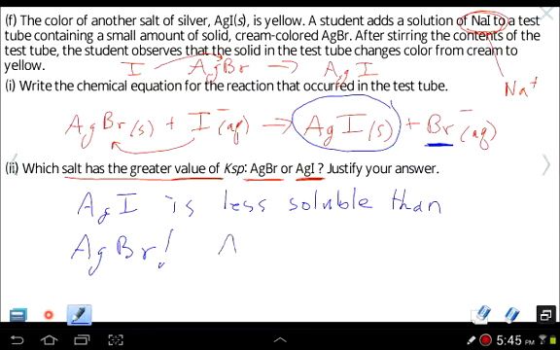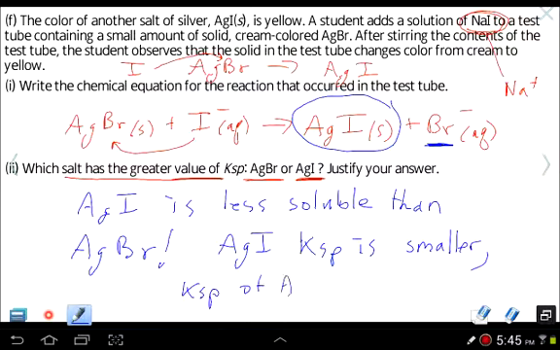AgI's Ksp is smaller, which means the Ksp of AgBr is higher. Now AgBr's Ksp was already tiny. Remember, it was something times 10 to the negative 14, I think. But you know, you can have a Ksp that's even smaller. So there's a variety of questions that they can ask with equilibrium.